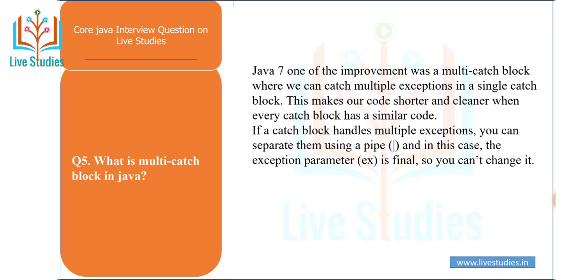If a catch block handles multiple exceptions, you can separate them using the pipe, and in this case the exception parameter ex is final, so we cannot change it.